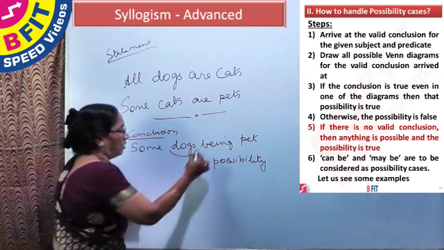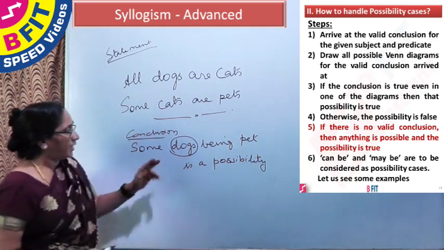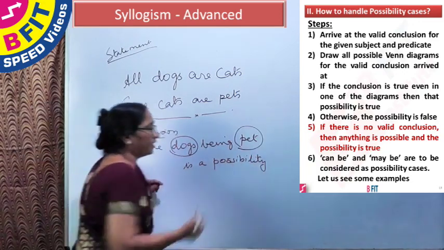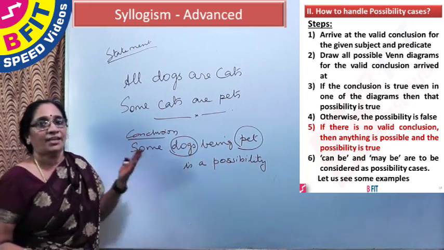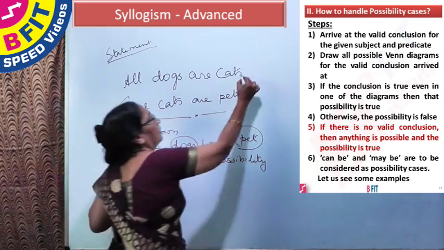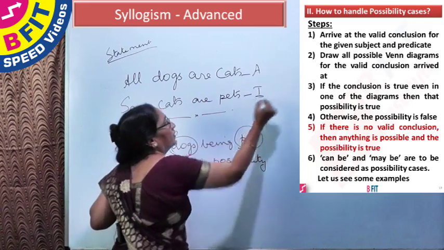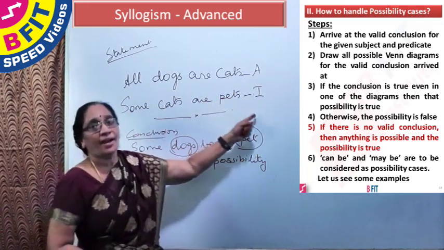Now, by combining the subject and predicate, we see that we will not be able to arrive at a valid conclusion because this is an A statement and an I statement.